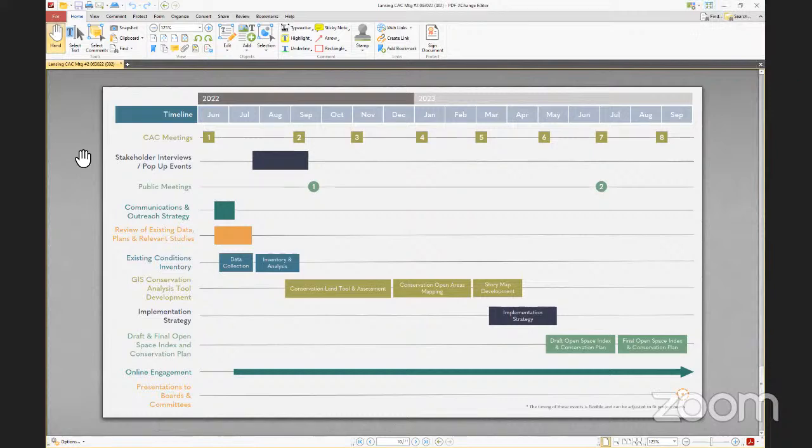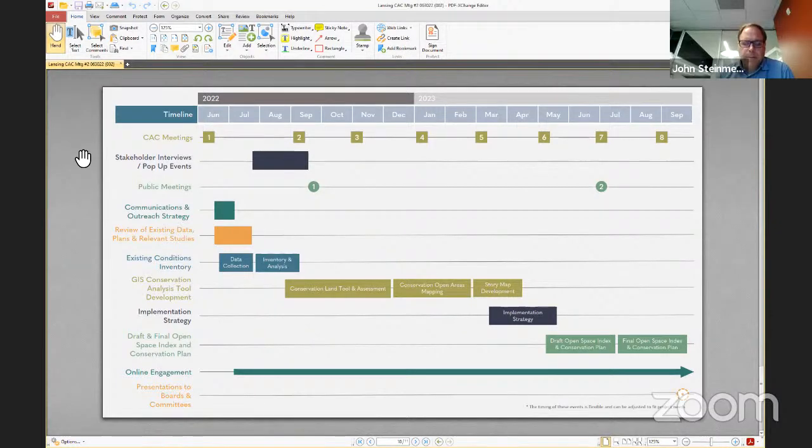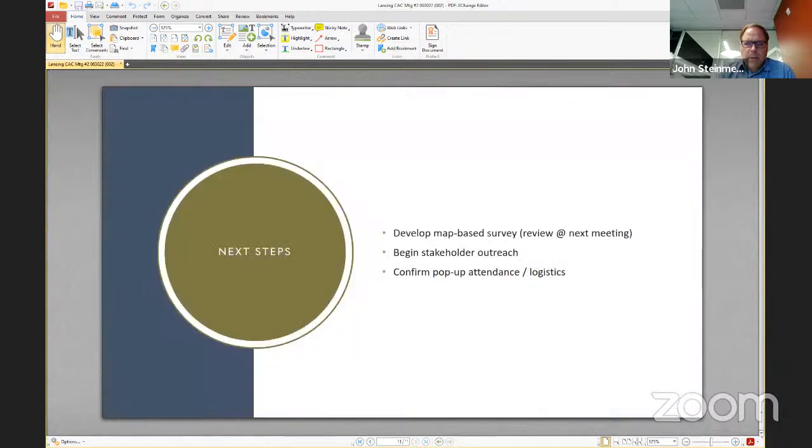Yeah, I like that, just as long as it's not so late that we can't incorporate any feedback you get from the pop-up. Sure, good point. We'll send this to you. We just want to show it to you and let you know that we modified it.